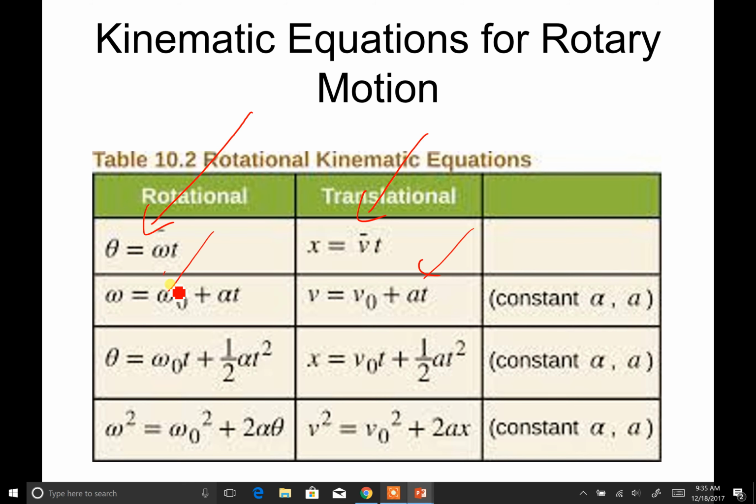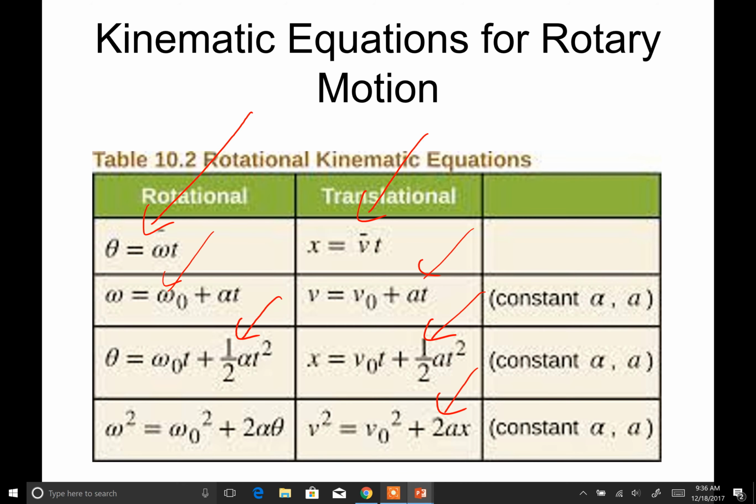Here we have final angular velocity equals initial angular velocity plus angular acceleration times time. Here we have displacement equals initial velocity times time plus 1/2 times acceleration times time squared. Here we have angular displacement equals initial angular velocity times time plus 1/2 times angular acceleration times time squared.